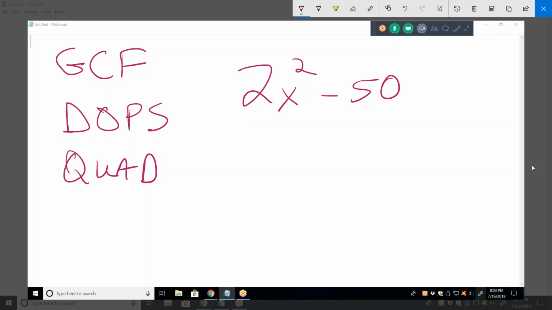What's the next line that I should write? What goes inside the parentheses? What you basically want to do is just divide both those terms by 2. In other words, you're correct that 2 is the greatest common factor. So just divide both terms by that greatest common factor, and that's what goes in the parentheses.